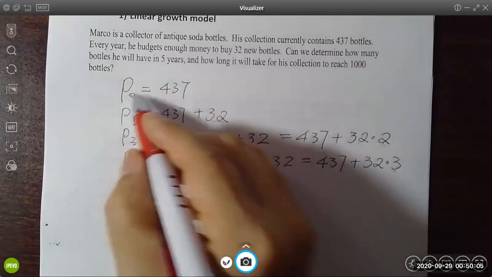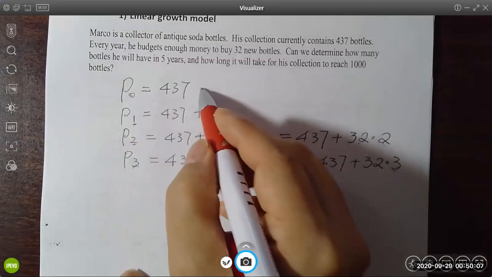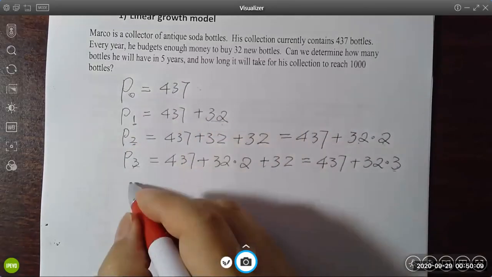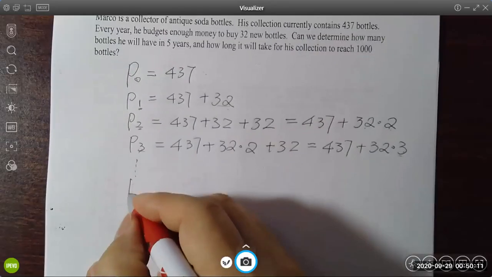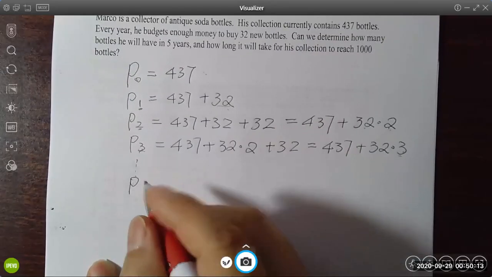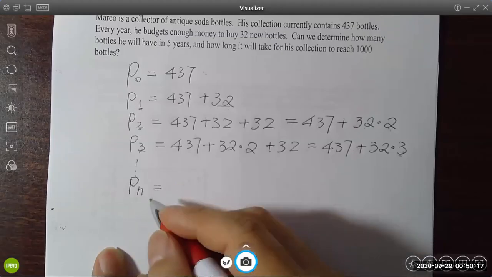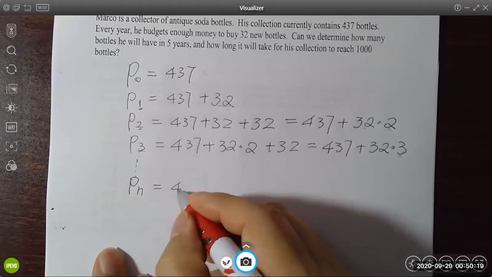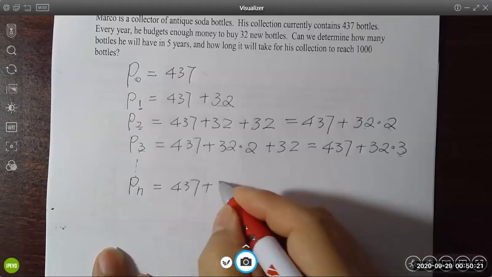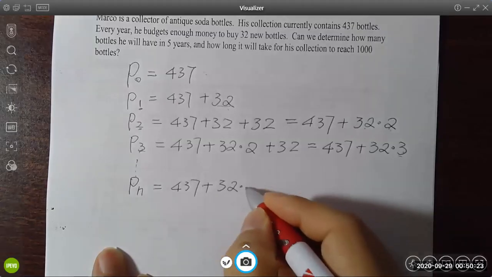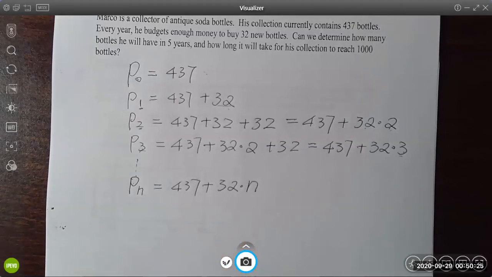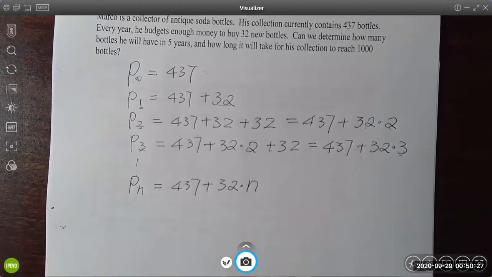If this is 0, you have zero 32s, still consistent. So in other words, I can write this formula for any year. Say, for example, n years have passed. How many bottles will he have by that time? 437 plus n 32s. See? It depends on how many years have passed. That's called the pattern.